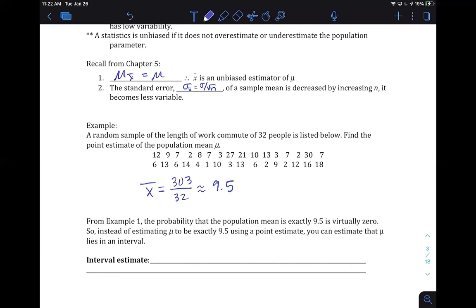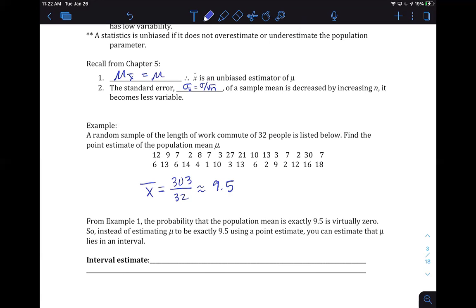So from example 1, the probability that the population mean is exactly 9.5 is virtually 0. So instead of estimating mu to be exactly 9.5 using a point estimate, you can estimate that the mean lies within an interval.